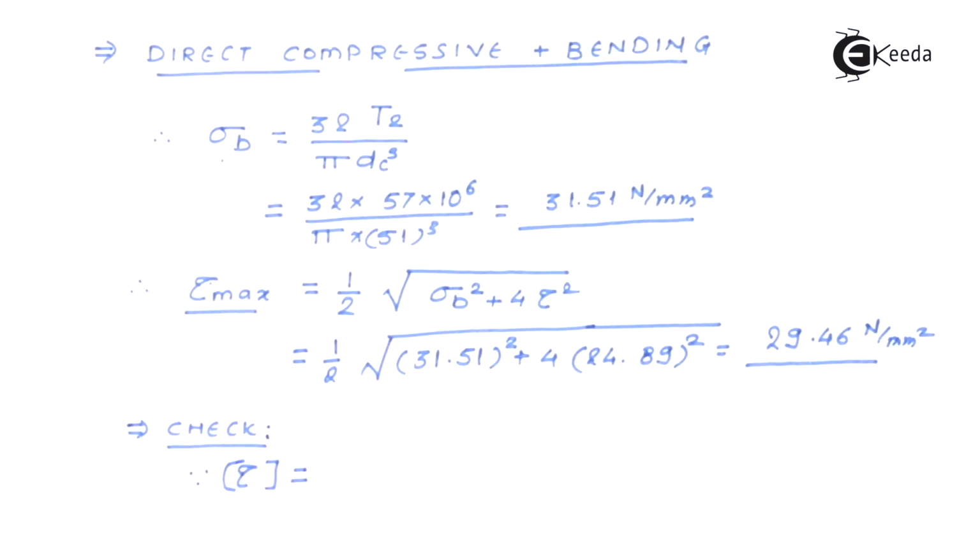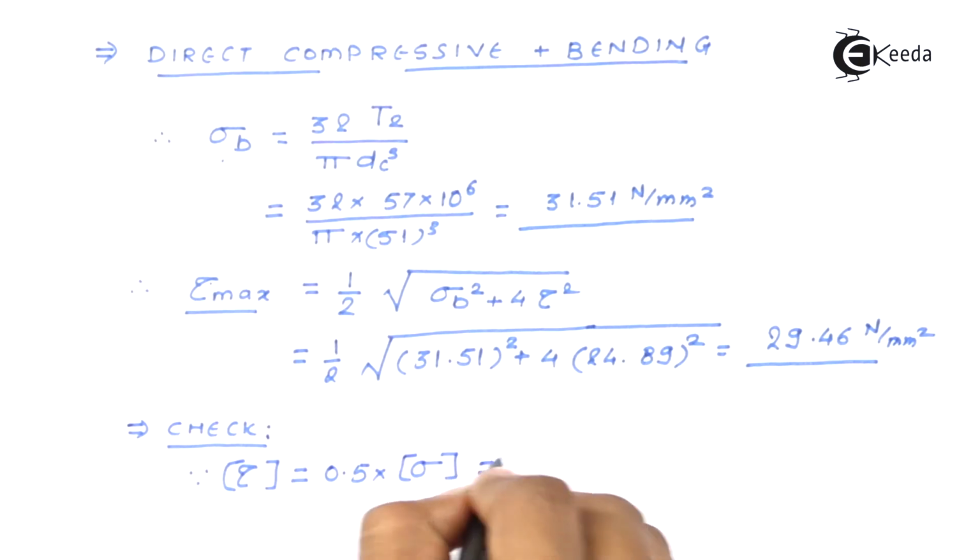We know that it's a kind of ductile material, and we know that the shear strength is exactly half the yield strength, the allowable yield strength. So the allowable value we already have found out is 80.